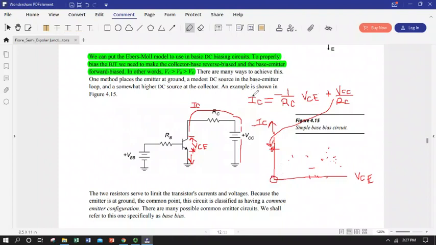Okay? If current was 0, if I sub C was 0, I could take this term, move it over there, multiply by R sub C, cancel out the negative signs, and I would actually get VCC. You could do the math for yourself just by setting I sub C equals 0. So that gives us this point down here.